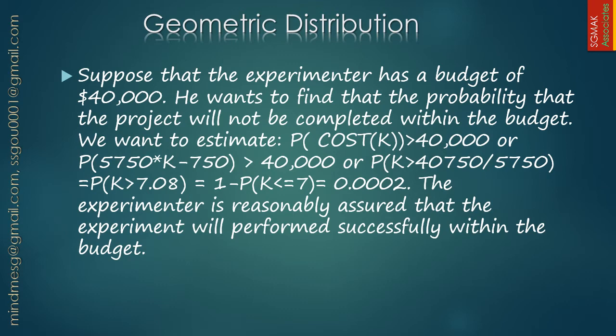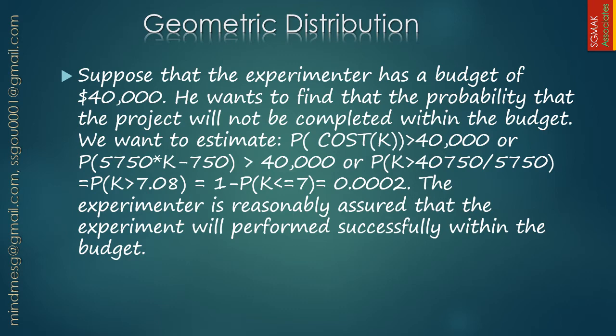Whenever you have a greater-than probability, you convert it into its complement in terms of a less-than probability, because you can use a table lookup function. So this probability is given by 1 minus the probability k less than or equal to 7, and using the probability mass function of geometric distribution and using a value of p of 0.3, this probability comes out to be 0.0002, a very low probability.